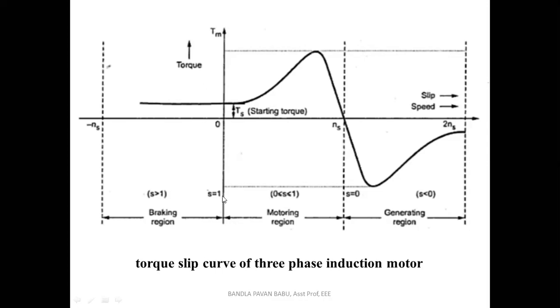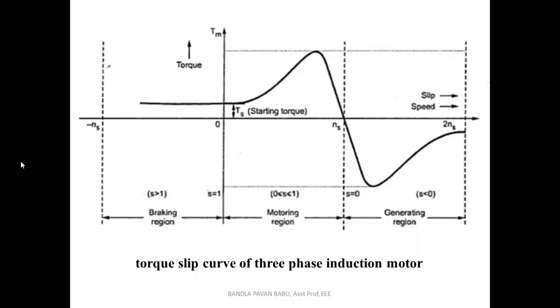If slip is 1 or greater than 1, it is in braking condition. I repeat once again, earlier we know that s equal to 0 means the no-load condition, where the motor never rotates at that point. If slip equals 1, it is at standstill, and in that case also the motor never rotates.